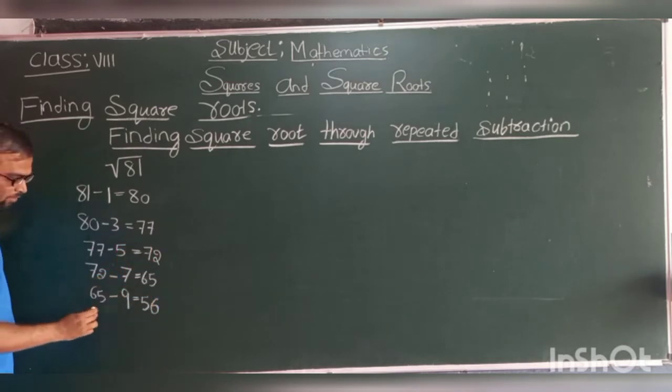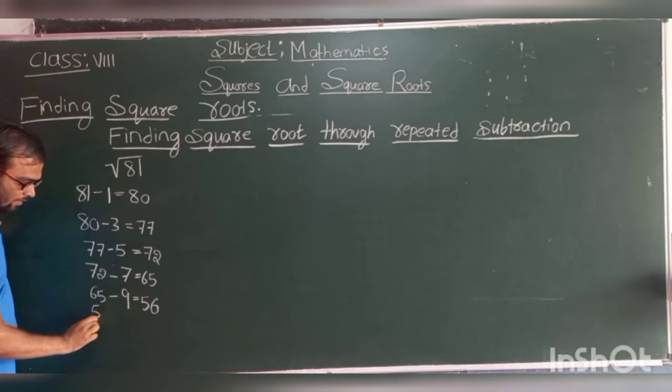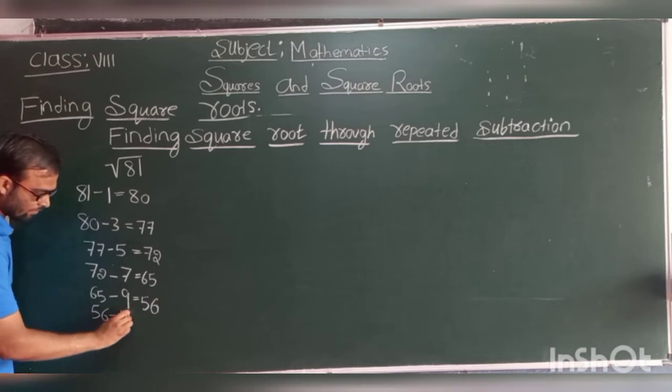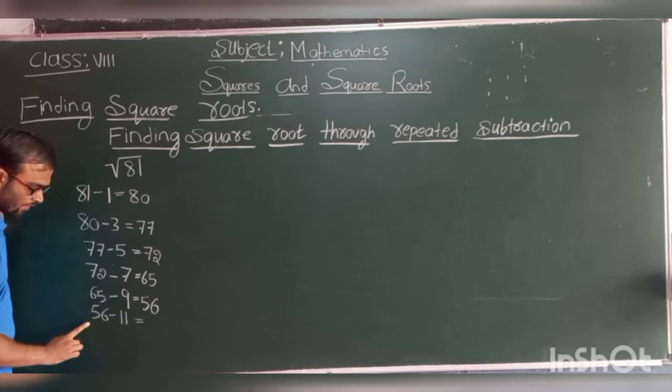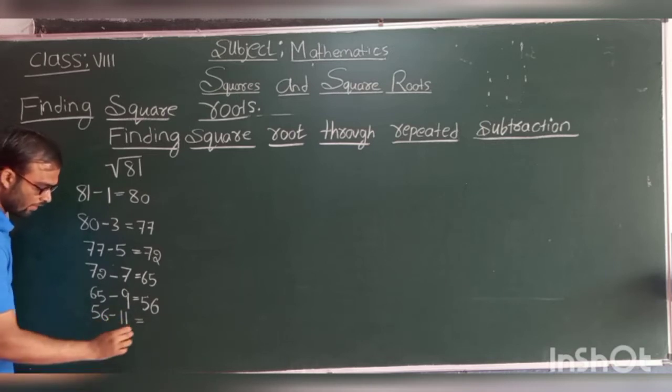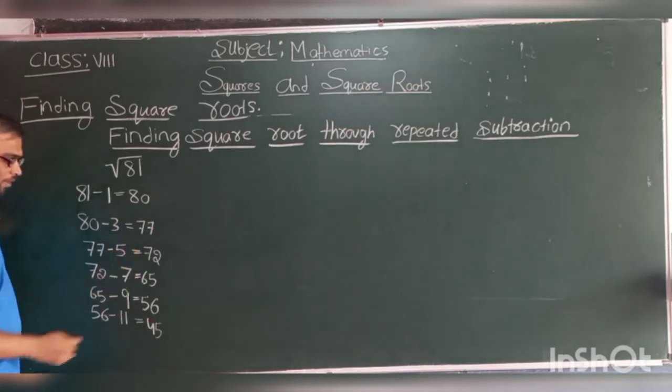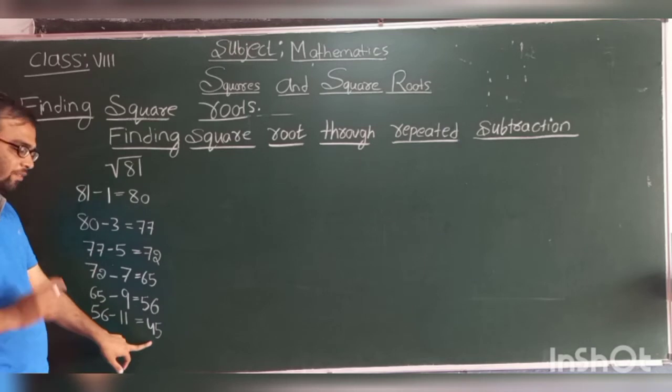Now subtract 56 by the sixth odd number, that is 11. 56 minus 11 is what? 45.